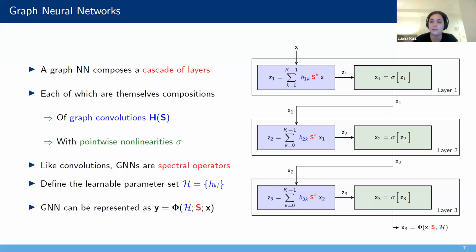Here, the only difference is that the nonlinearity applies pointwise to each node. But other than that, this is basically just a sequence of graph convolutions.